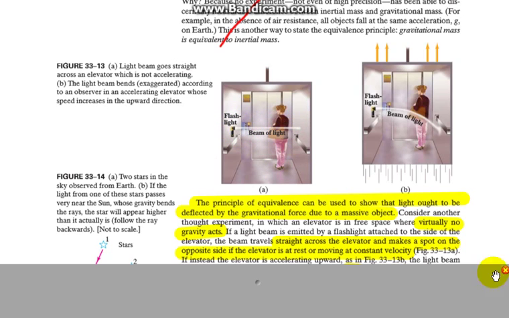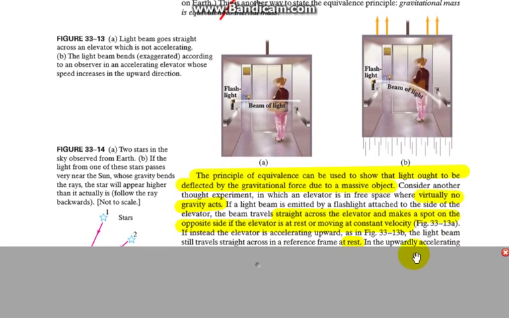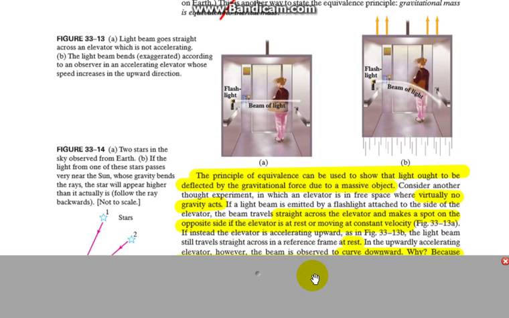But if the elevator accelerated upwards, sped up faster and faster upwards, the light beam would travel across as if it were at rest, but since the elevator has already moved up, now we're talking quick movements, extremely fast acceleration. By the time the light beam hit here, the elevator had already moved up a bit.